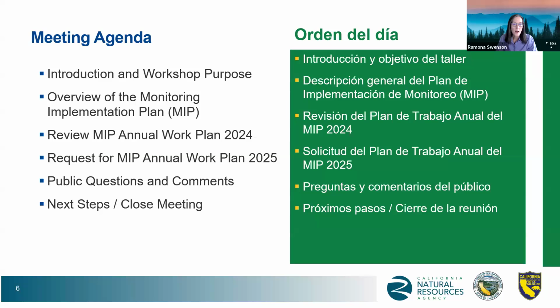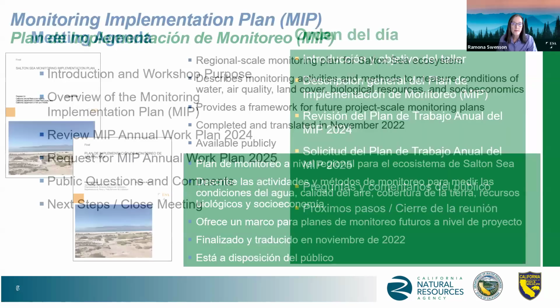Review what we've done on compiling activities in 2024, and then request input from the community of our monitoring partners and researchers to help us build out the annual work plan for 2025. We'll have time at the end for any questions and comments you have, and then talk a little bit about next steps and how you can be involved.